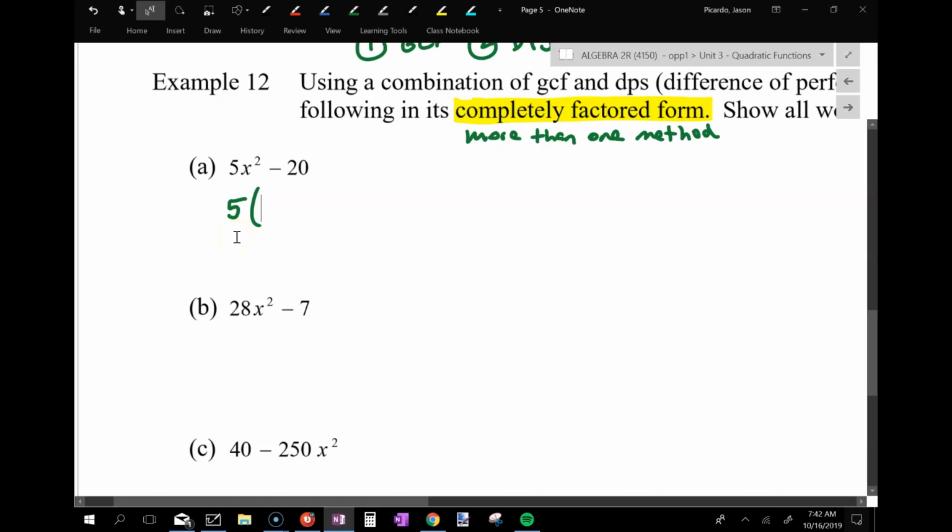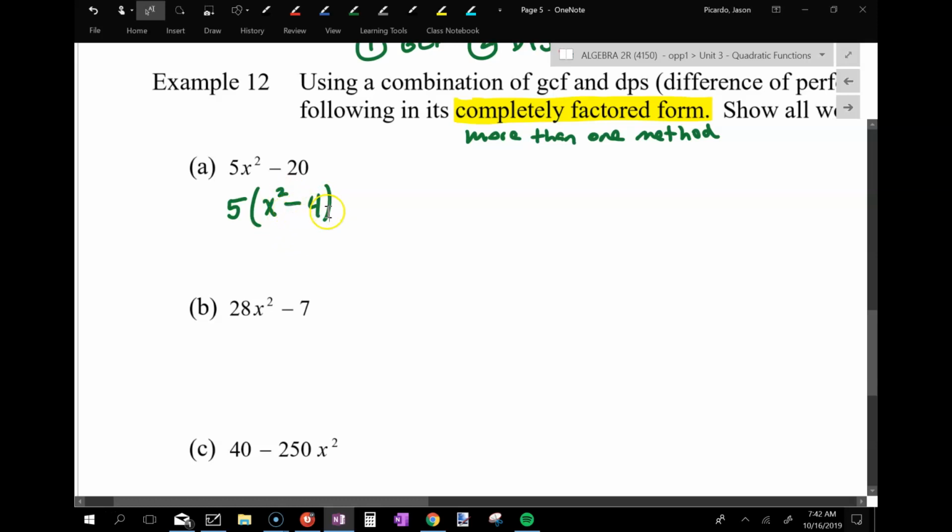Ah, good. Yeah, so we got to remember this step. Take 5 and divide it into this. And what do I get? I get the x squared, right? Because the 5 and the 5 will reduce. And then 5 goes into 20 4 times, right? So the fact that I said completely factor means that the result or the thing that you create inside might be a DPS problem.